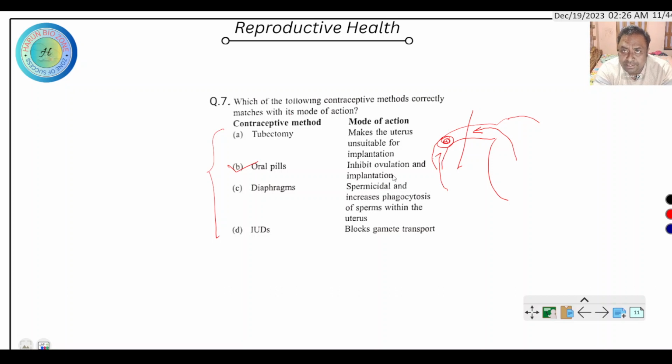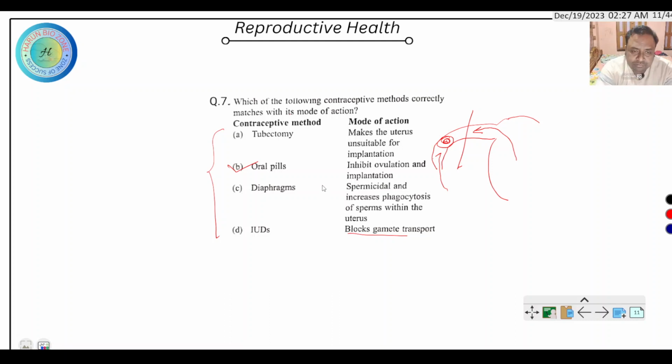It is a barrier, not spermicidal. Spermicidal means the jelly or lotion that kills the sperm. IUD blocks gamete transport.